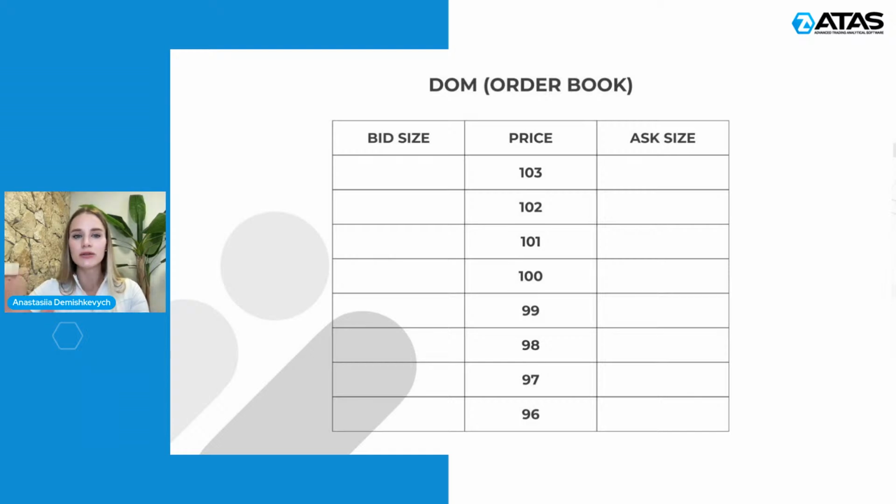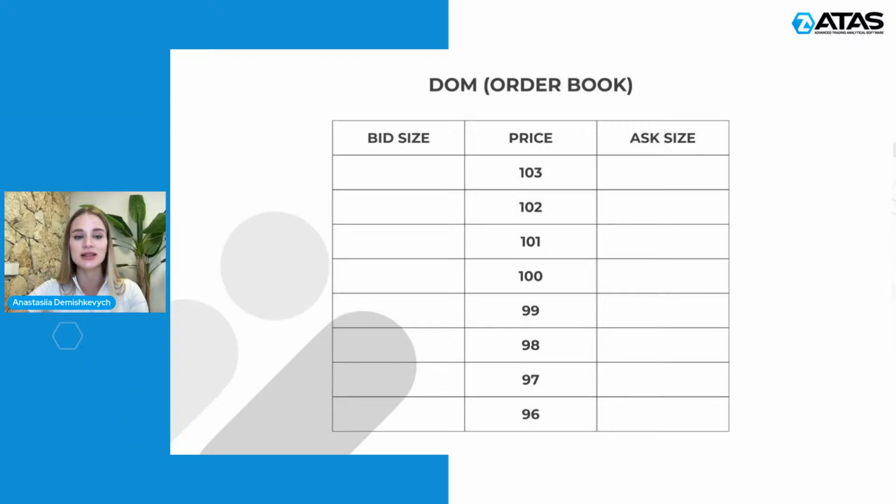So that's a simplified version of the order book. You will see the actual version and how it functions later on the ATAS platform. This is a popular tool on many trading platforms that helps you analyze the order flow in real time. And ATAS has an even better version, which we go over in a later part of our webinar.